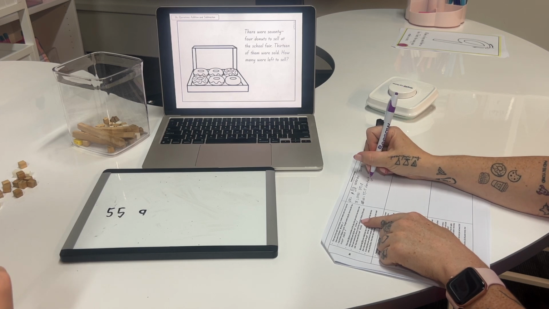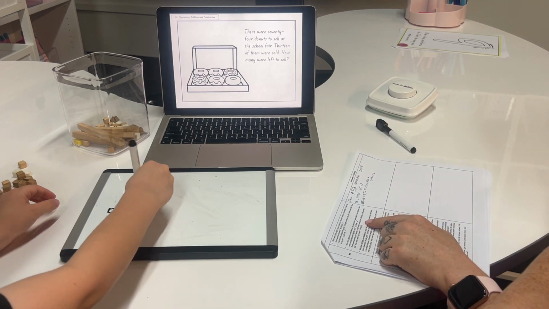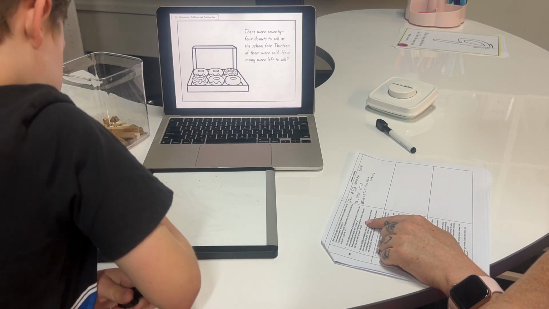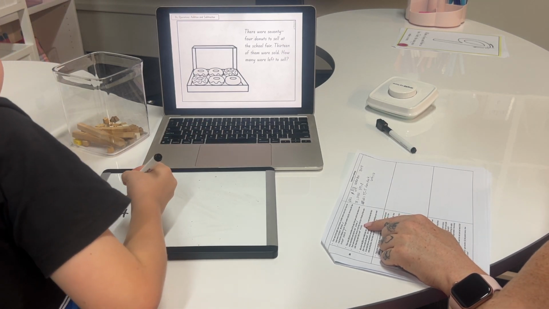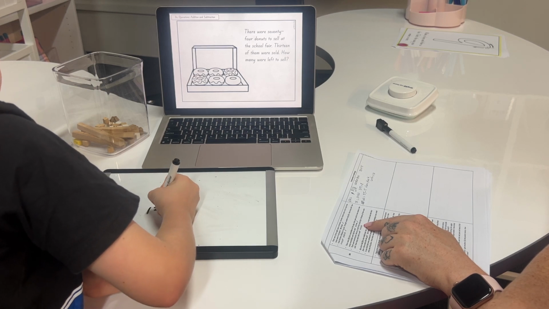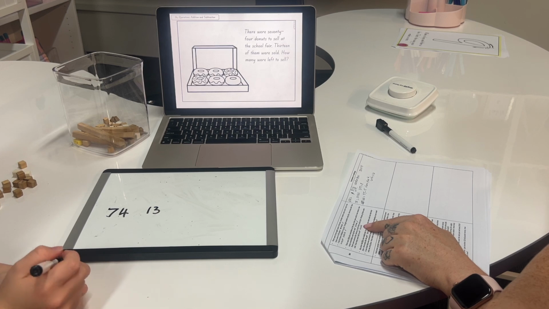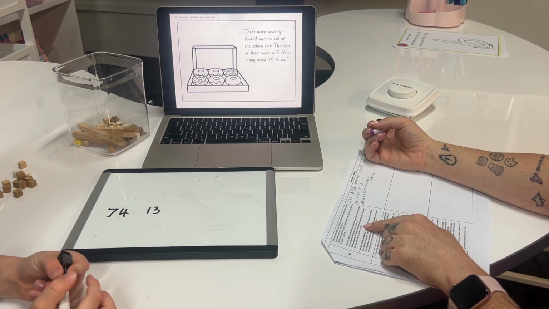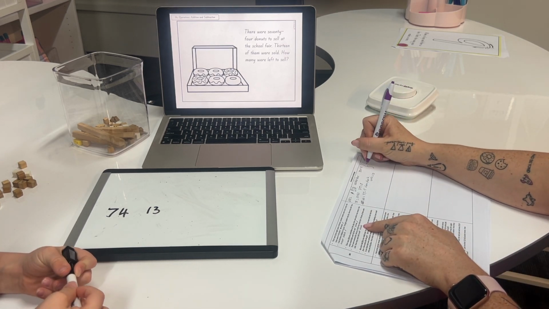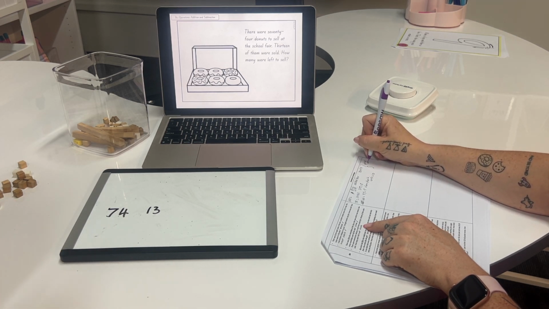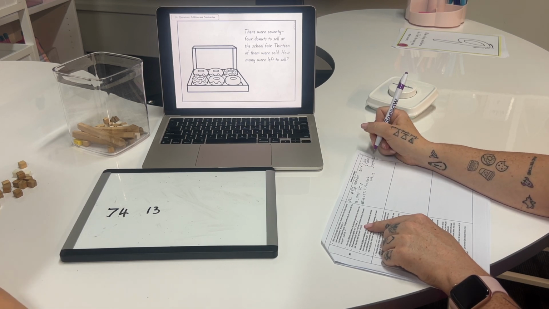Nice. There were 74 donuts to sell at the school fair. 13 of them were sold. How many were left to sell? 80.